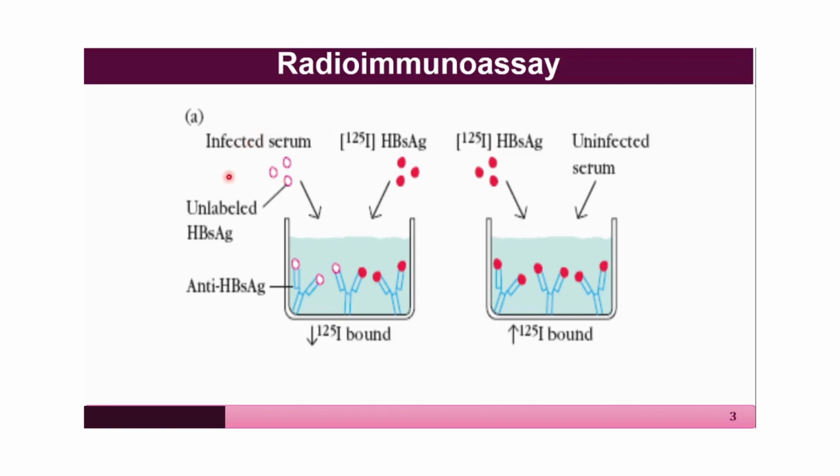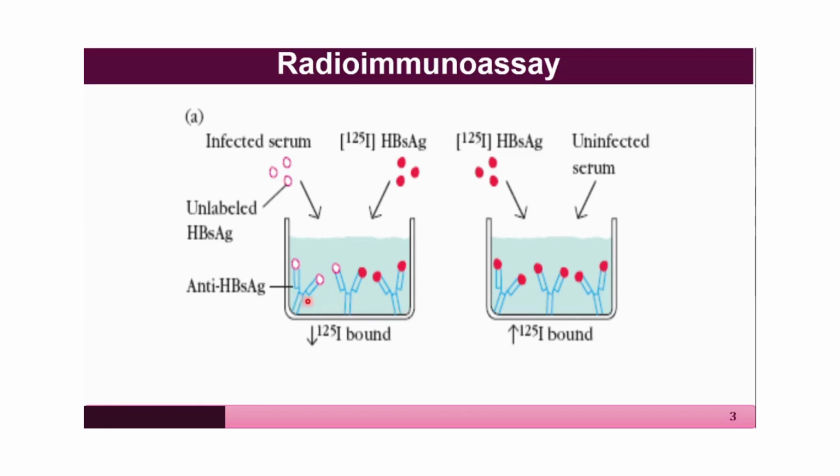In the first left-hand side example, they have shown infected serum added together with the radioactively labeled hepatitis B antigen to a container where the antibodies against hepatitis B antigen are already immobilized on the surface of the container.